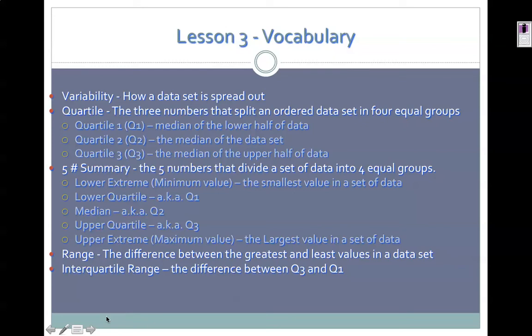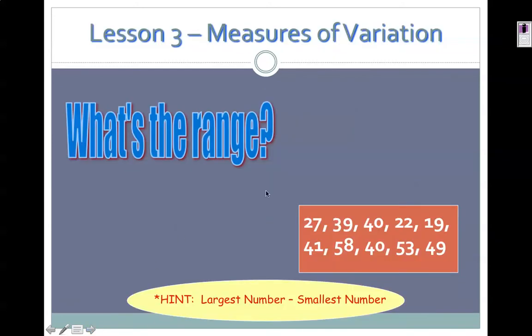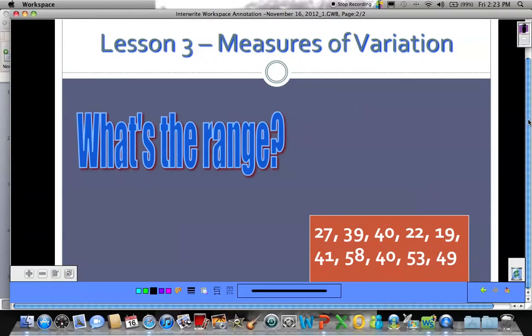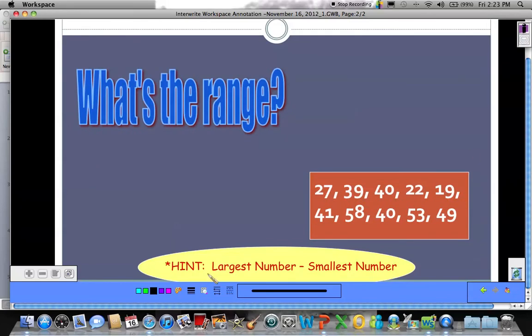All right, next it says, what is the range? So we take these numbers and we try to figure out what our range is. Well, if we refer back to our vocabulary words, the range is the largest number minus the smallest number. So I'm going to go in my data and find the smallest number. So right now 27, then I got 22. 19 is my smallest number.